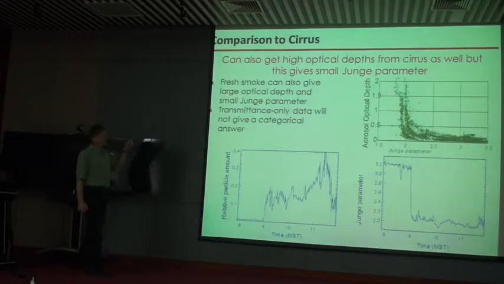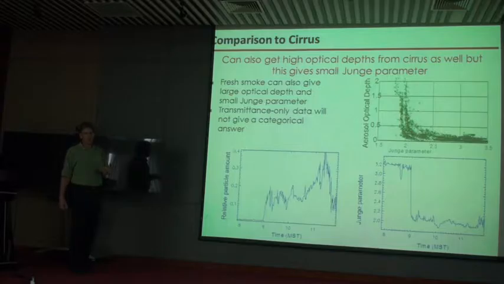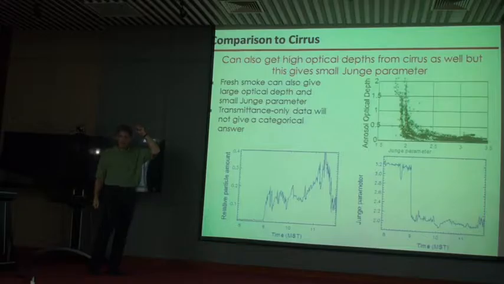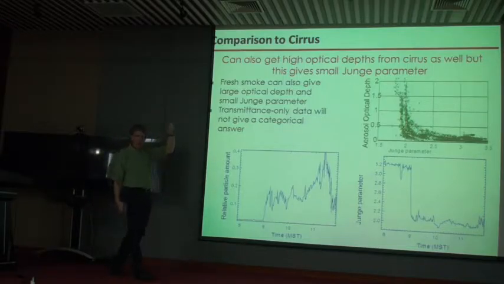But was it different relative to what you might get from cirrus clouds? In other words, all we do is we prove that we have an odd Angstrom Junge parameter, we have an odd optical thickness value. So we have a high optical thickness, and we have a very high Junge parameter. But a large Junge parameter means small particles, and cirrus clouds mean large particles.